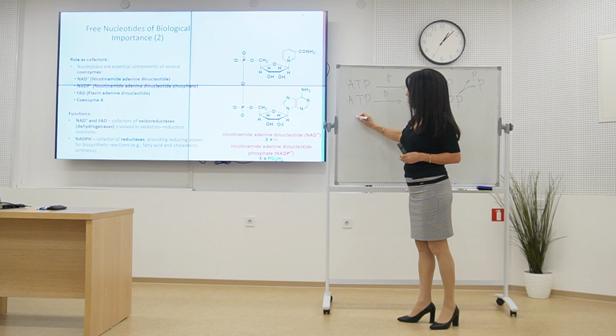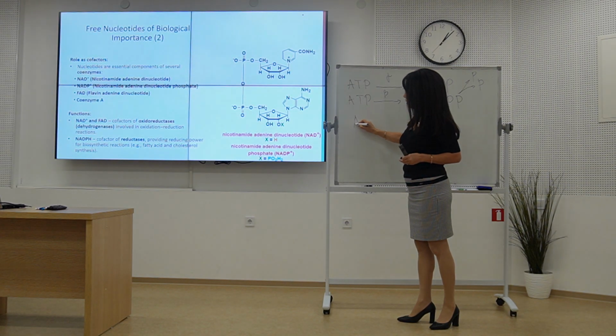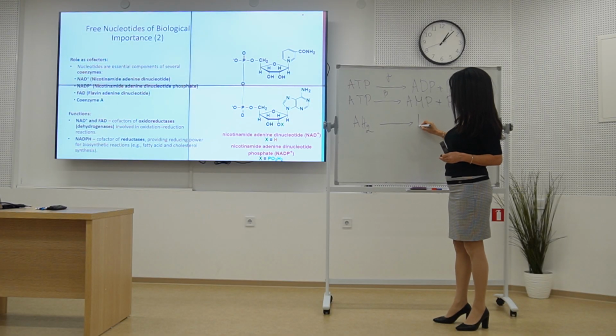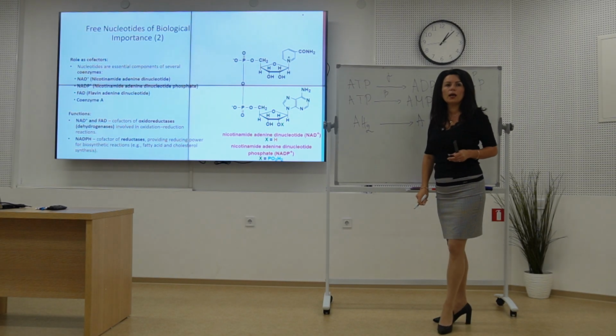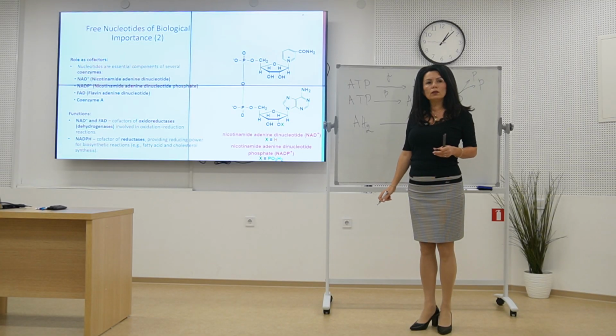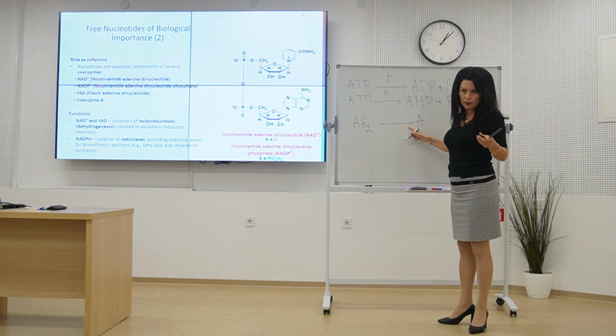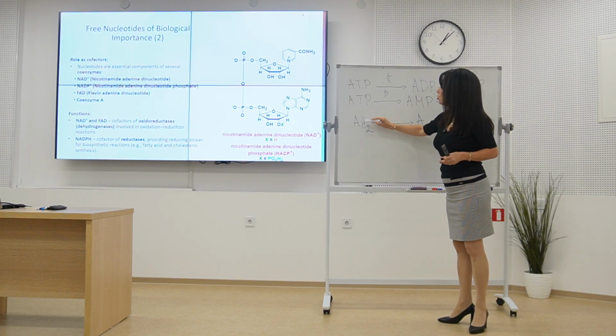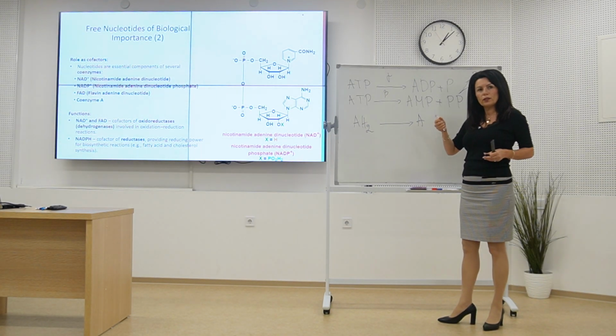For example, if the substrate is this one and the product is this one, what is the type of this reaction? I said the reaction is called dehydrogenation because these two hydrogen atoms need to be taken from the substrate.